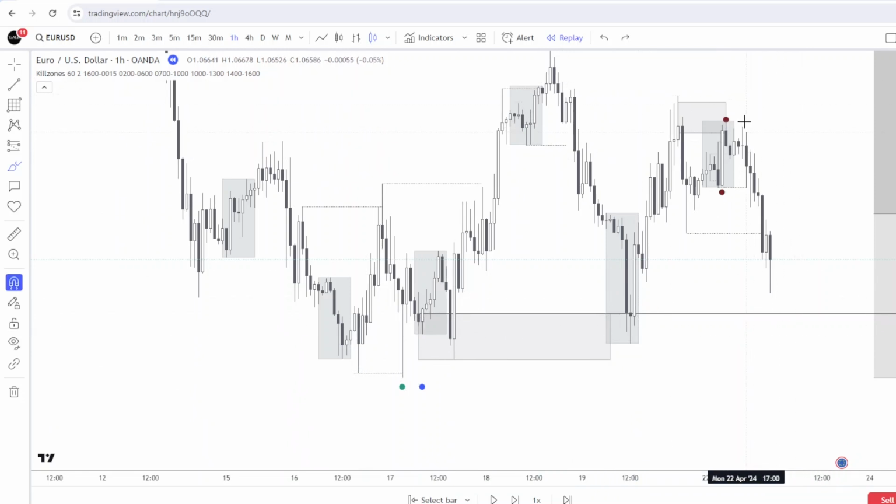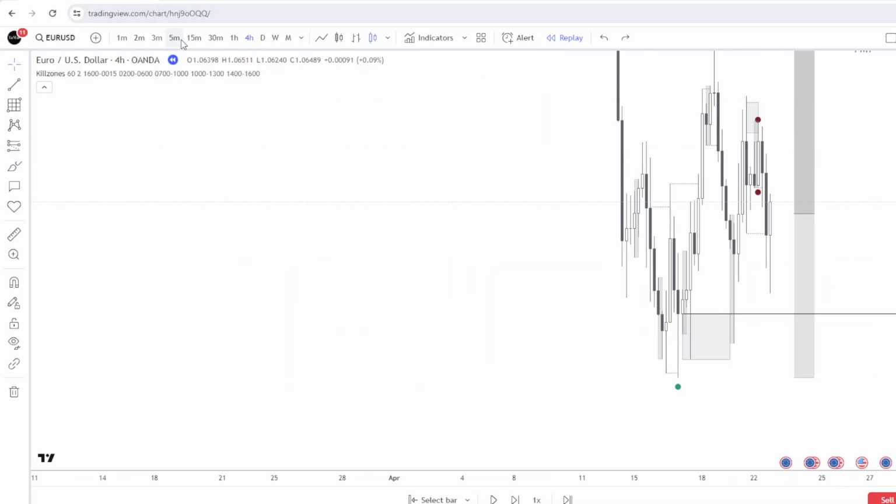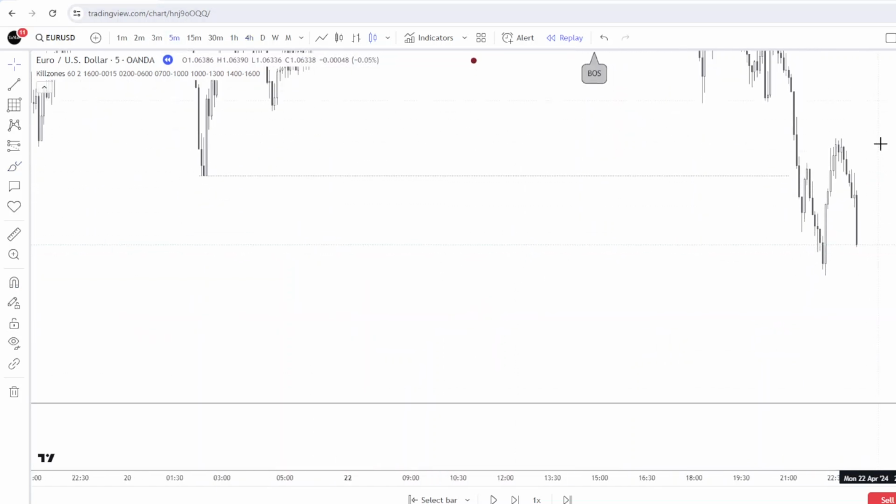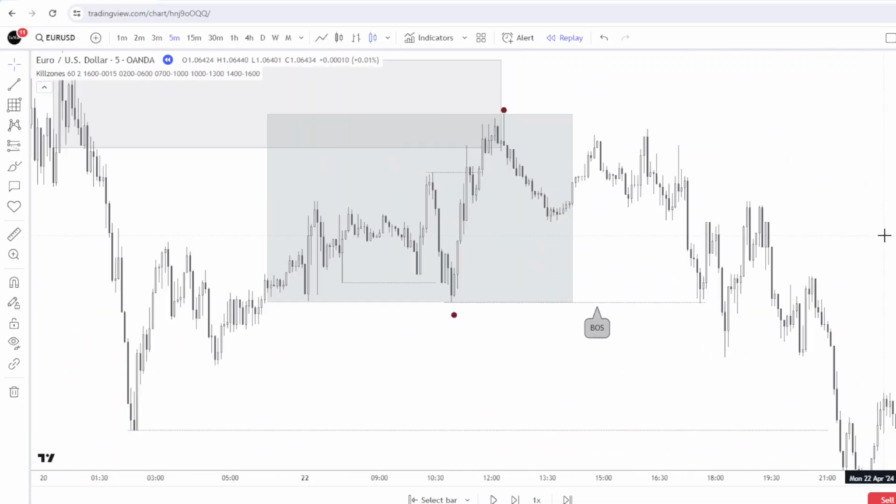So that's the same concept I used on the lower time frame, which was my M5. On the M5, we have our strong low taken here. After that strong low is taken, I'm waiting for M5 to create strong highs. So you can see here we have a strong high on M5.